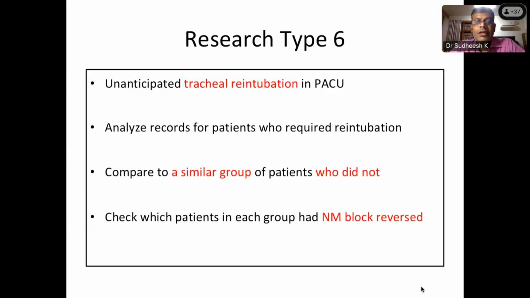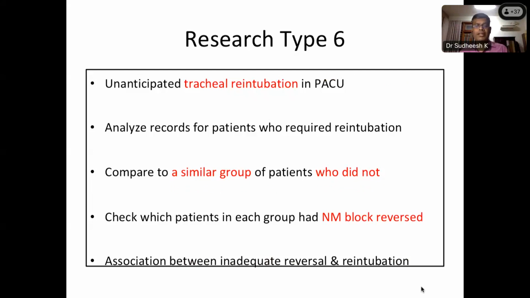Then they checked in which patients in each group the neuromuscular block had been reversed. And finally, they came to the conclusion that there was an association between inadequate reversal and reintubation.